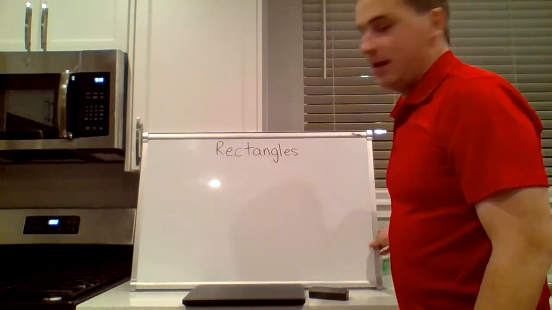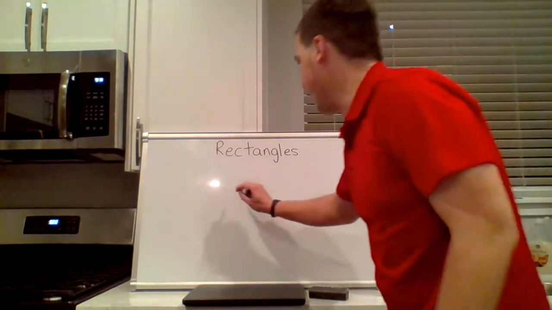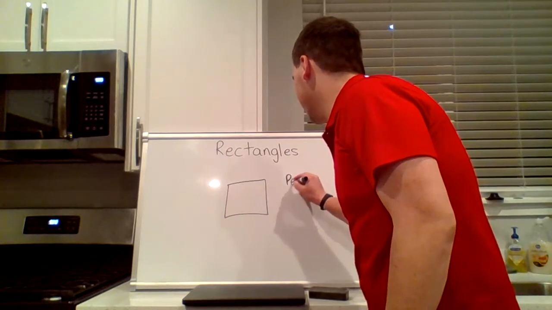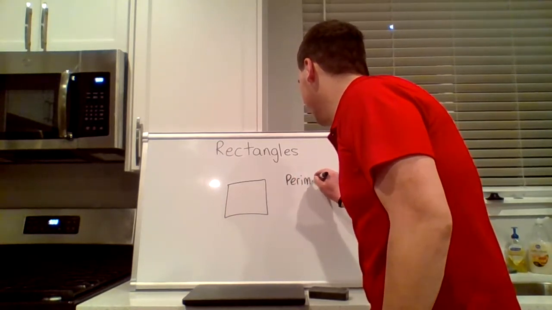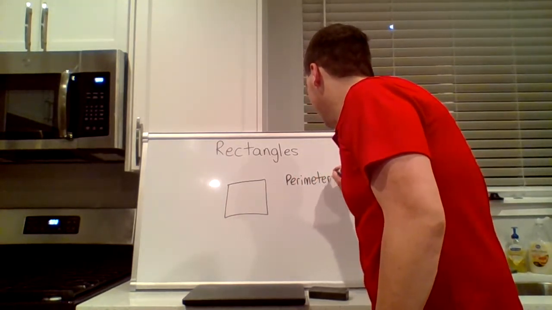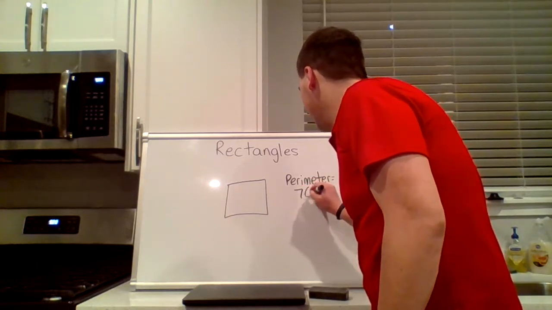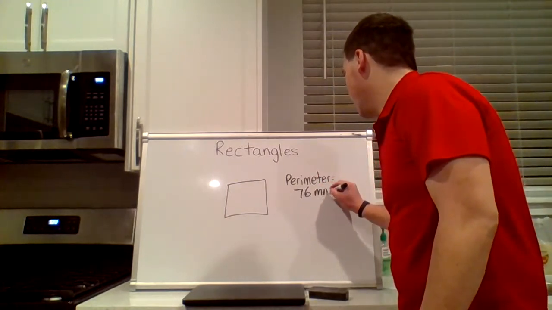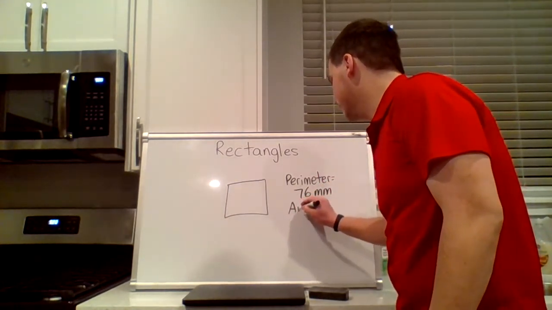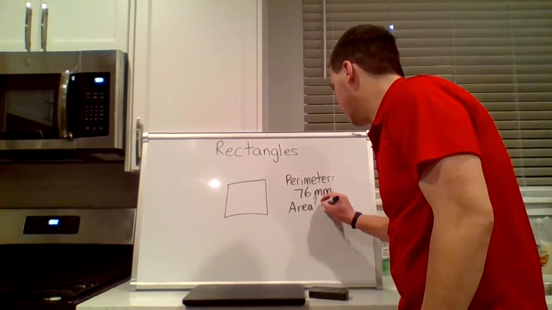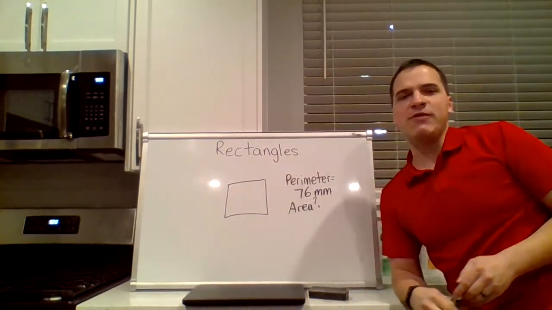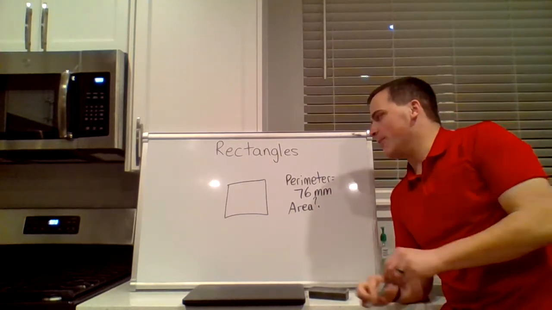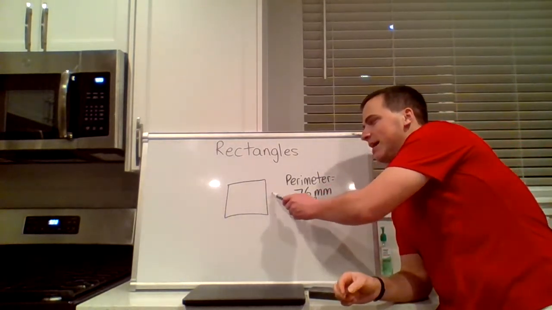Alright, suppose you have a square where the perimeter equals 76 millimeters. We wish to find the area. So the question is, given the perimeter of a square, how do you find the area? Well, the perimeter comes from each side added together.